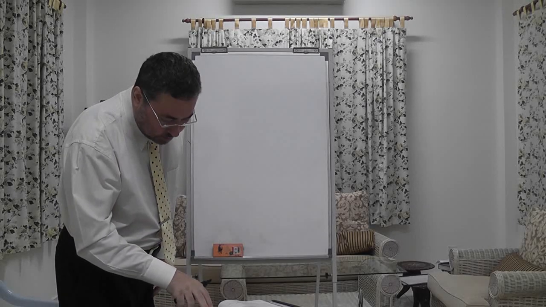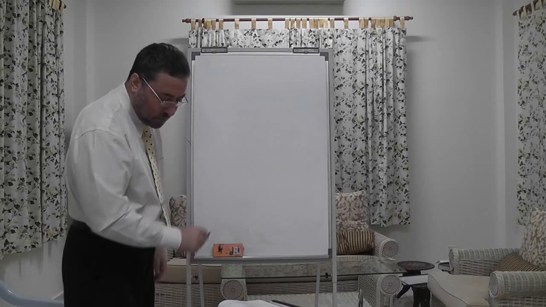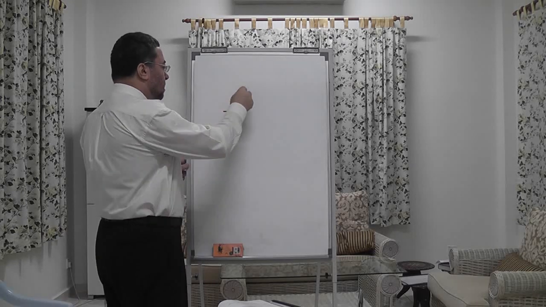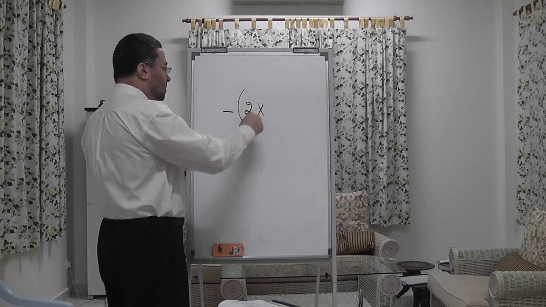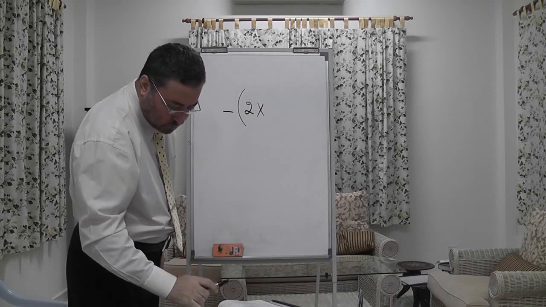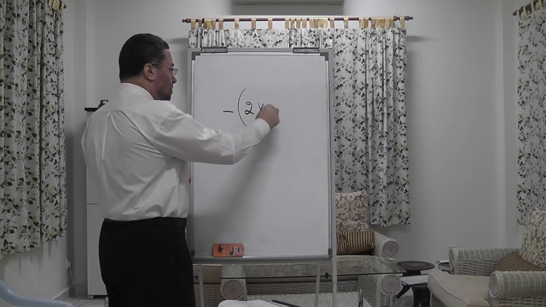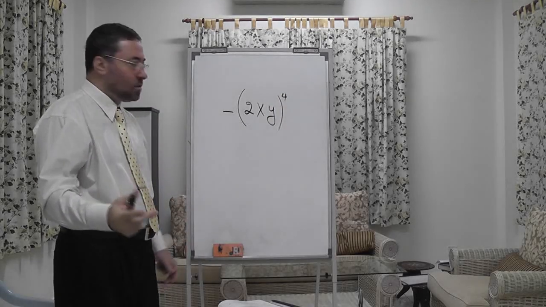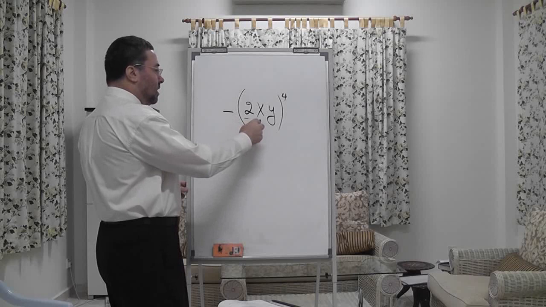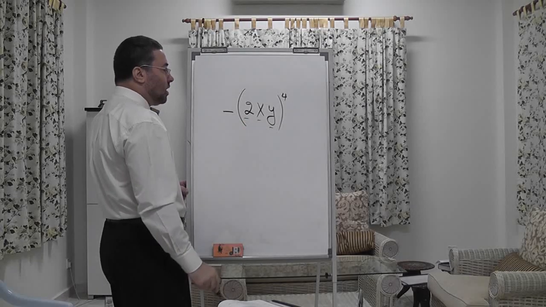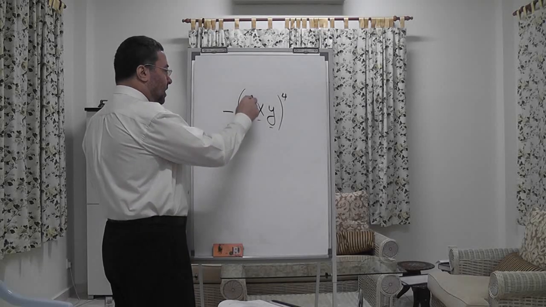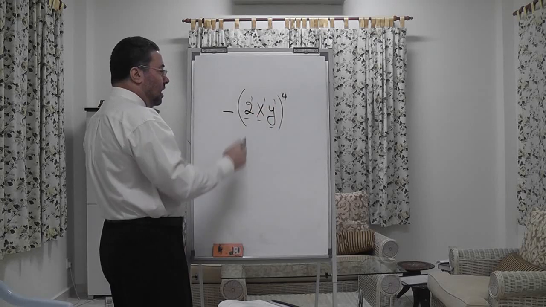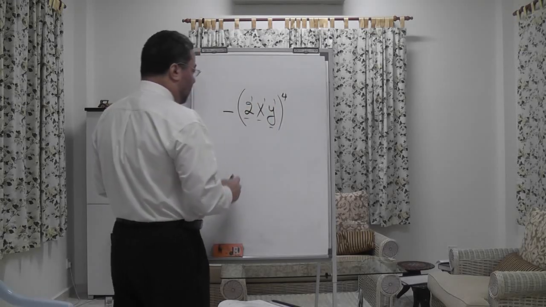Next is number 14, minus. Here we have three bases. We have this and this and this, 2 and the x and the y. Each one is raised to 1. Now we multiply all these with the power 4.